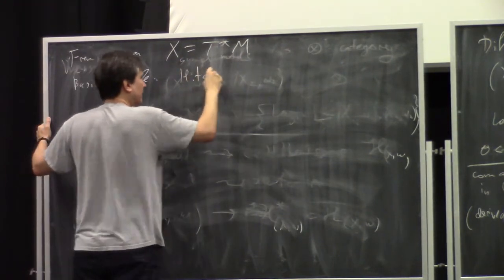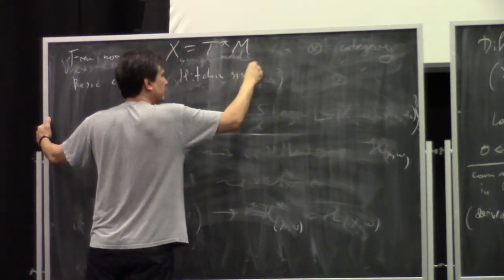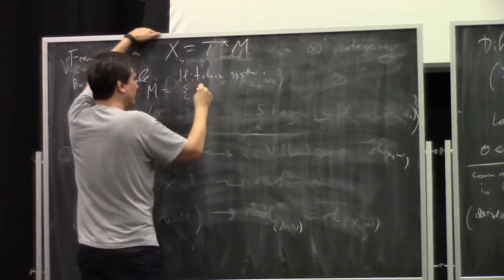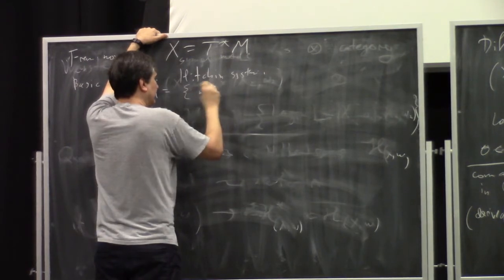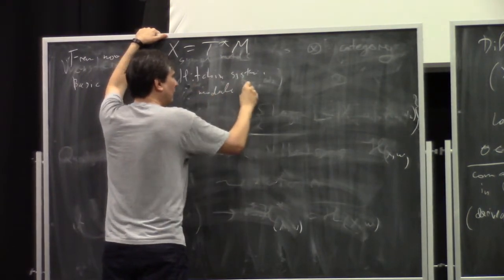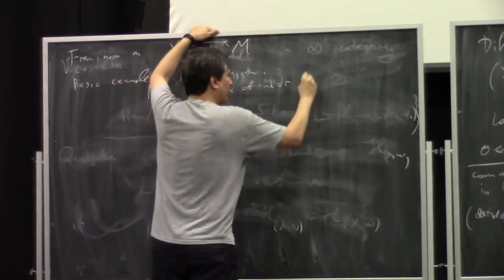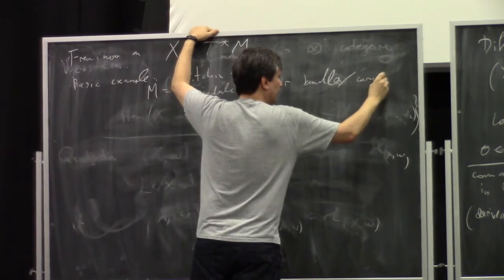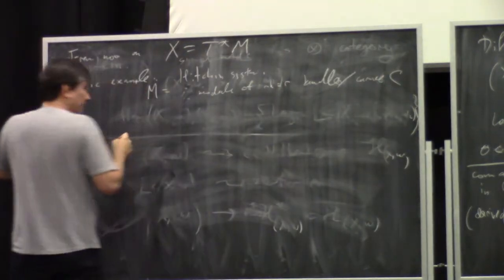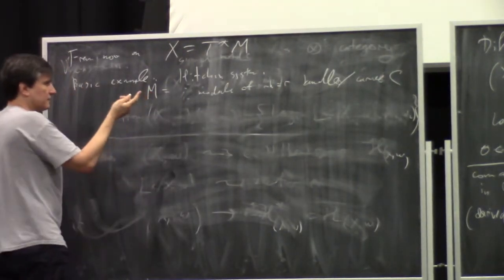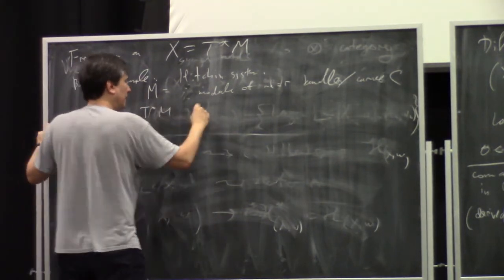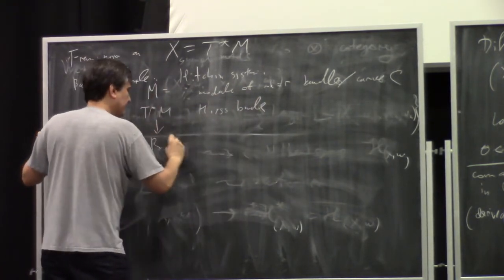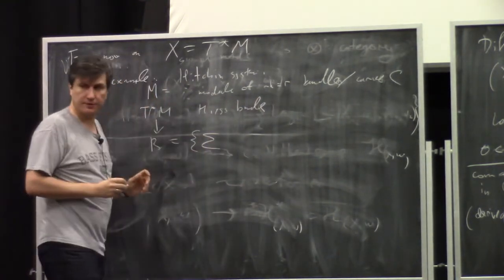is the Hitchin system with all its various versions, when M will be something like the moduli space of some rank R bundles on some curve C, and the cotangent bundle with Higgs bundles, and it maps to B, which is the set of spectral curves.